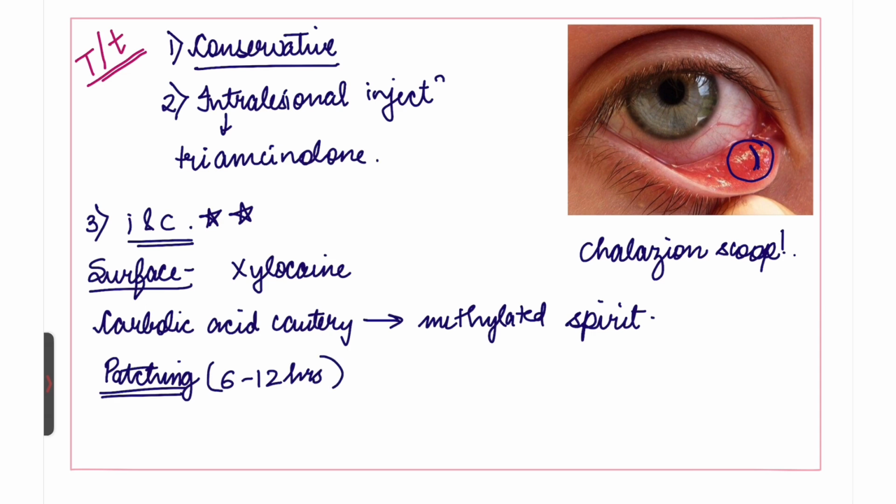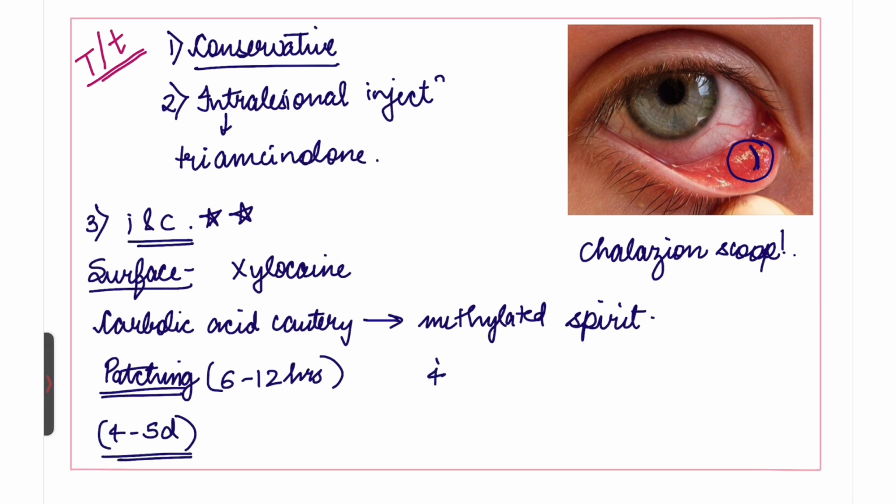Then we give some post-op treatment to decrease discomfort and prevent infection. That is again hot fomentation, antibiotic eye drops, oral anti-inflammatory analgesics, and oral antibiotics. We give that for 4 to 5 days.